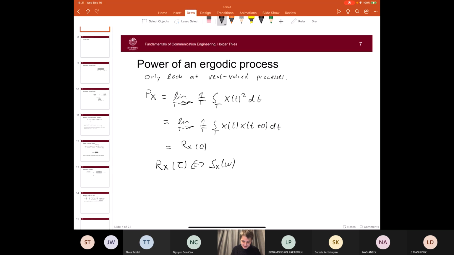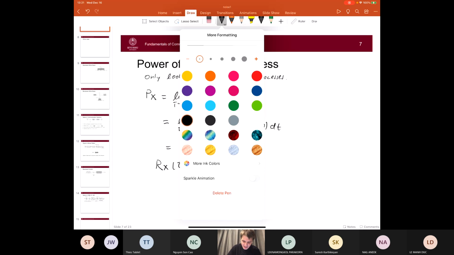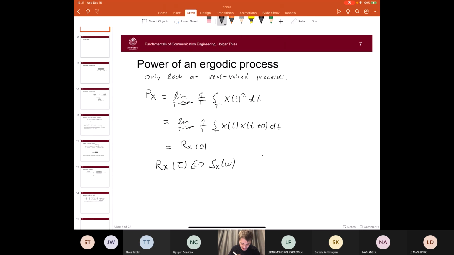So what does this mean here? That means we can write the autocorrelation function also as the inverse Fourier transform of the power spectral density. So this is 1 over 2 pi times the integral from -infinity to infinity of the power spectral density times e to the i omega t, d omega. This is just the inverse Fourier transform.